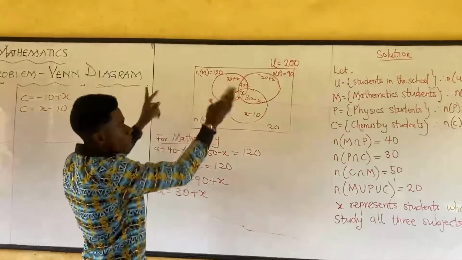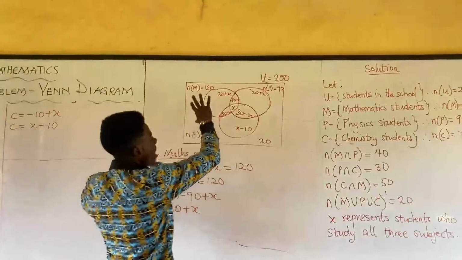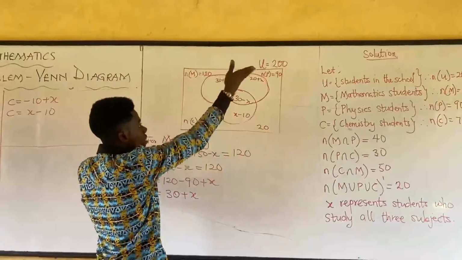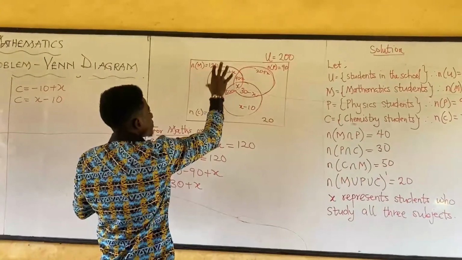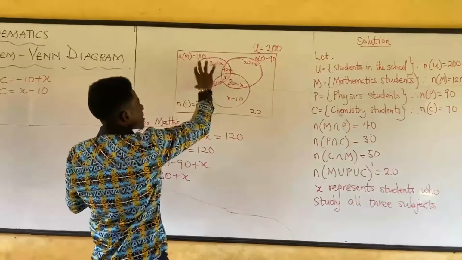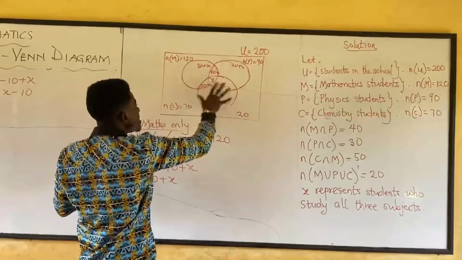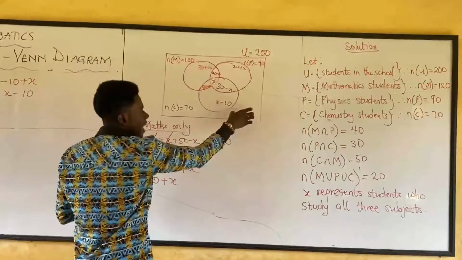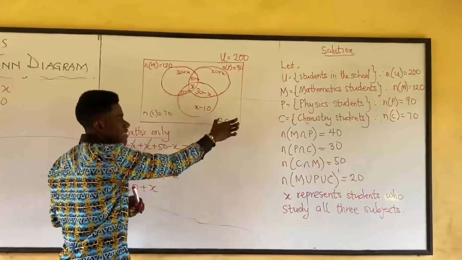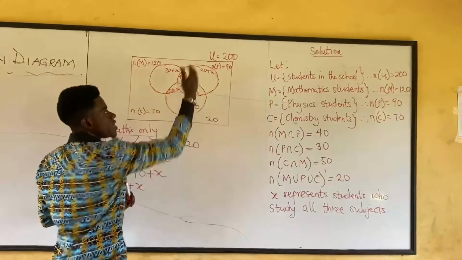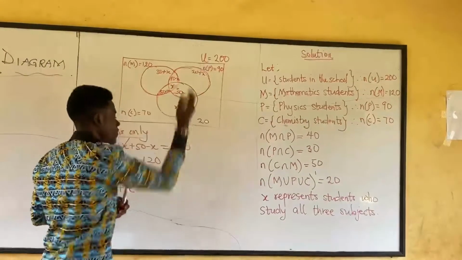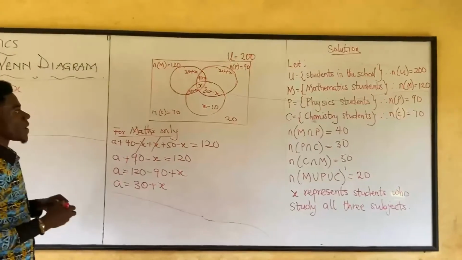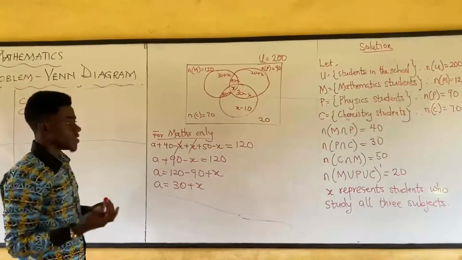To solve for x, we are going to sum everything in this rectangle up and equate it to 200. In other words, we sum all the variables and the constants inside these circles, plus the one outside those circles, then equate it to 200, because those 20 people are also part of the universal set, despite the fact that they have no preference.